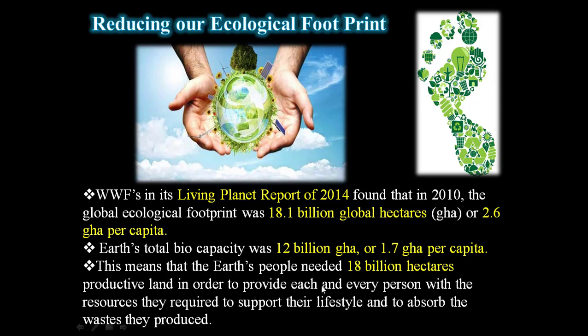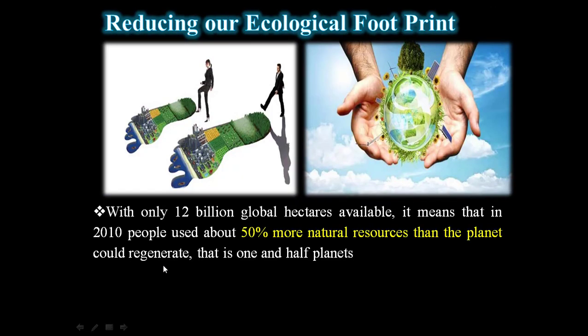That means we need 18 billion hectares, but we have only 12 billion global hectares. With only 12 billion global hectares available, it means that in 2010 people used about 50% more natural resources than the planet could regenerate.